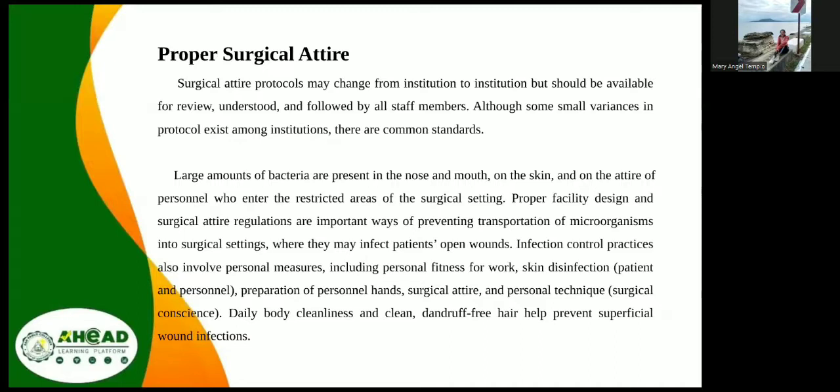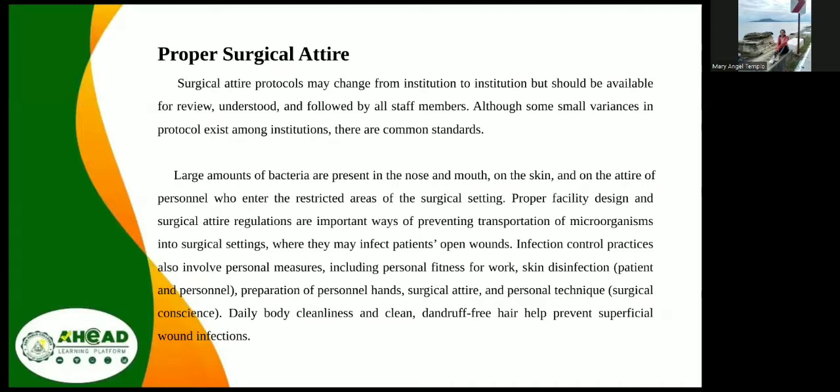Large amounts of bacteria are present in the nose and mouth, on the skin, and on the attire of personnel who enter the restricted areas of the surgical setting. Proper facility designs and surgical attire regulations are important ways of preventing transportation of microorganisms into surgical settings where they may infect patients' open wounds.